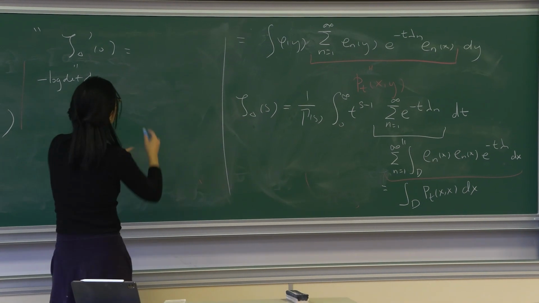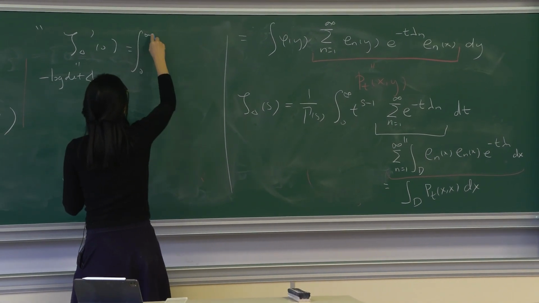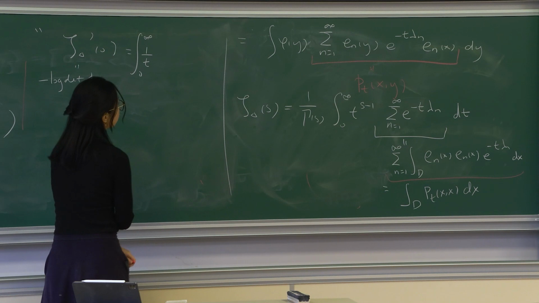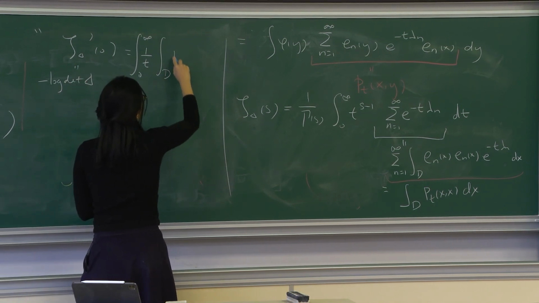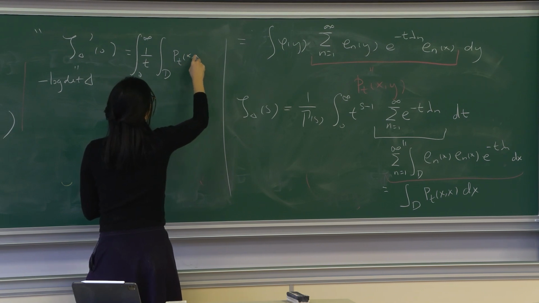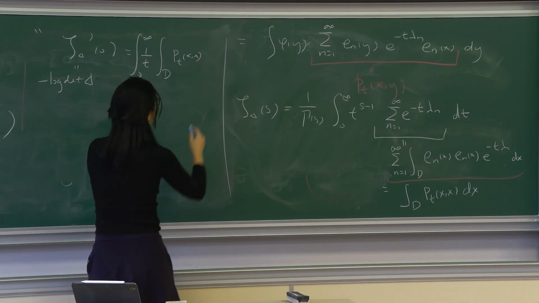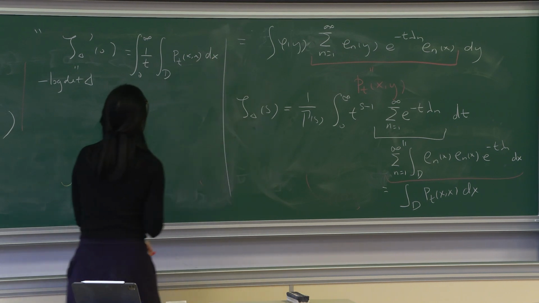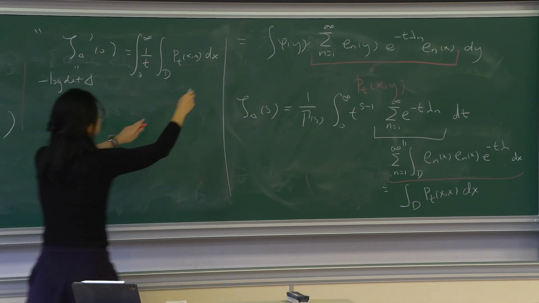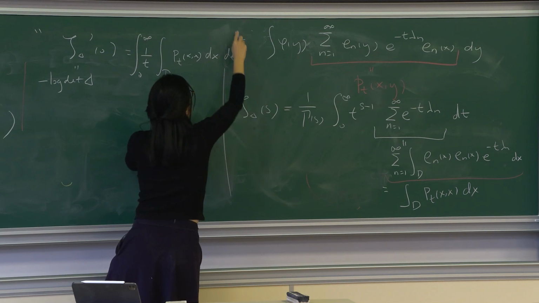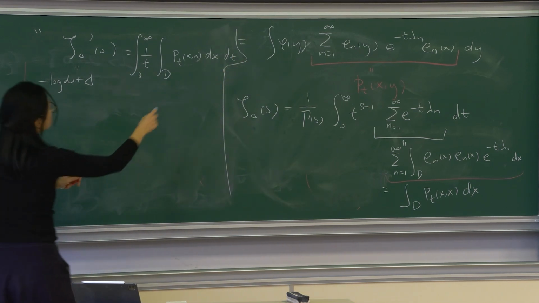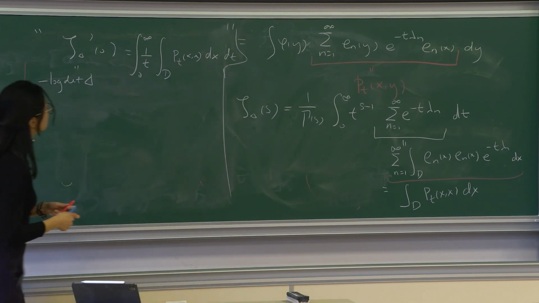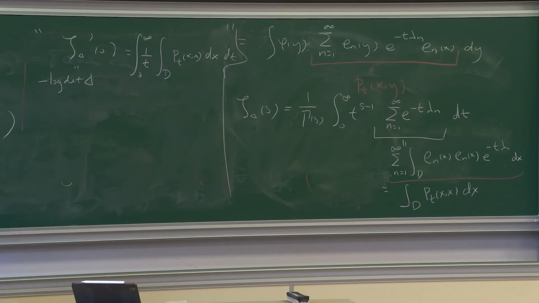With s replaced by 0, what you get is the integral from 0 to infinity of 1 over t, the integral of p_t(x, x) dx, dt. This is the heuristic part. But here, now I'm going to interpret this.